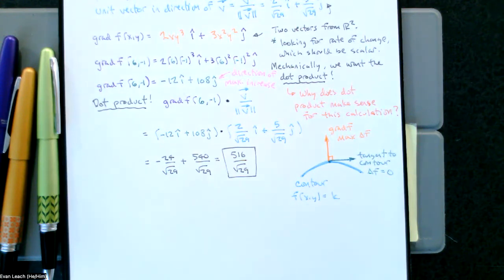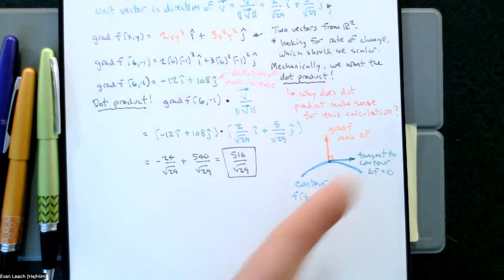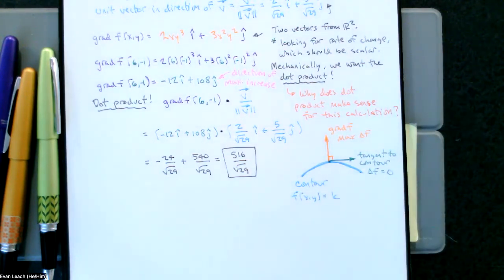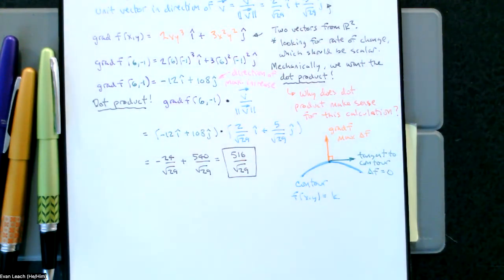If I pick some direction in between tangent and maximum, then I have to figure out how much between the 0 and the 1. I need some multiplier between 0 and 1. Times 0 is no change, and times 1 is maximum change. We're making a coefficient between 0 and 1 to indicate what percentage of the maximum.